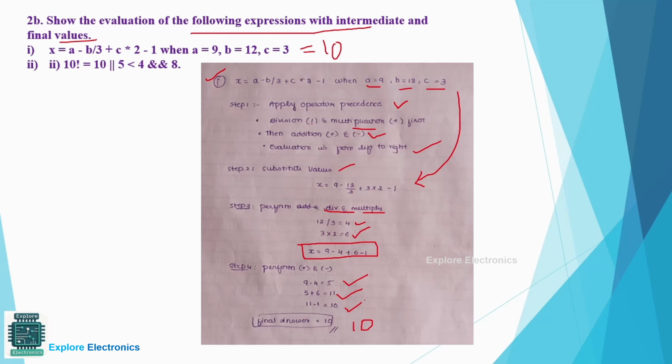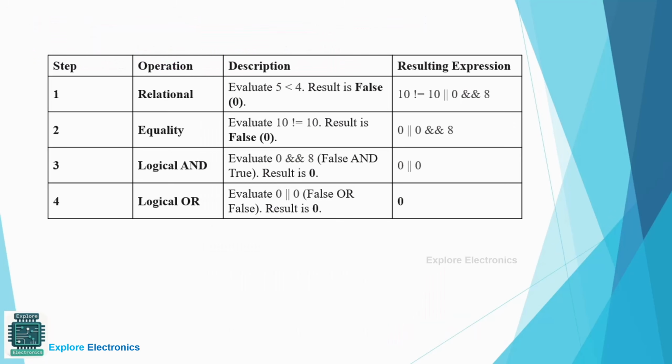Now let us evaluate the second one. As it includes relational operators and all, I have tabulated it in a table, right? When it comes to operator precedence, it goes like this: first relational, then equality, then logical AND and logical OR. First we will perform the relational operator. 5 less than 4 is false, right?